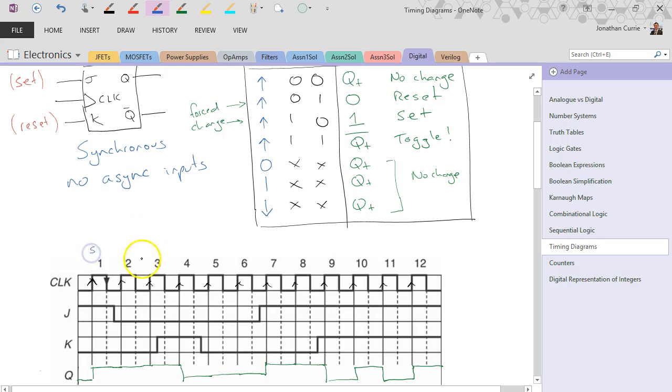Set, no change, no change, reset, and this one was no change, no change, set, set again, and sorry, that one was a toggle, toggle, toggle, toggle. Right, so perhaps you might want to do that part first, or perhaps you draw the diagram, but it's a good way of checking that everything you've done is correct.